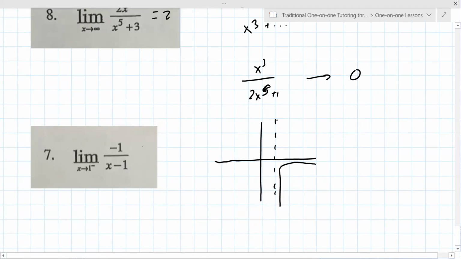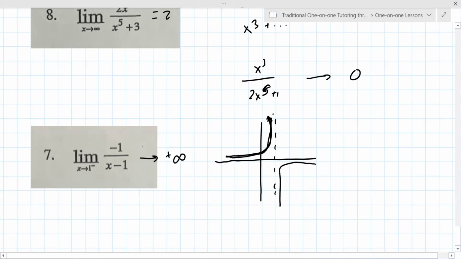So the limit as x approaches 1 from the left goes this way. From the left means you're tracing left to right, right? That's right.